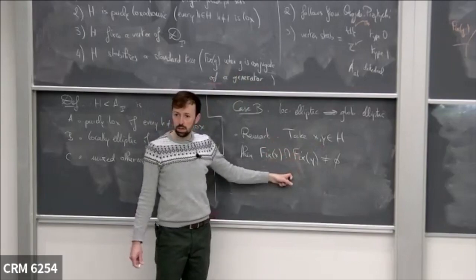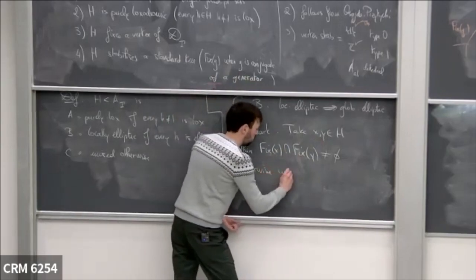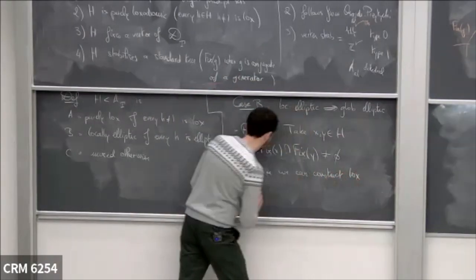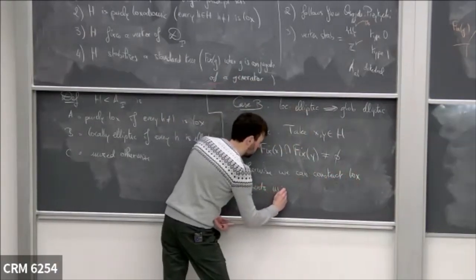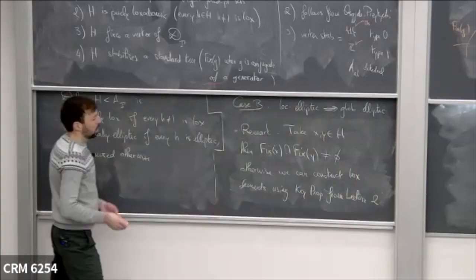That's the key thing: otherwise we can construct loxodromic elements using the key proposition from lecture 2.